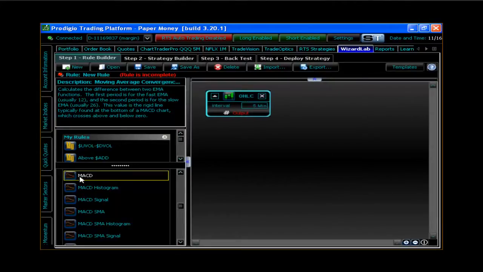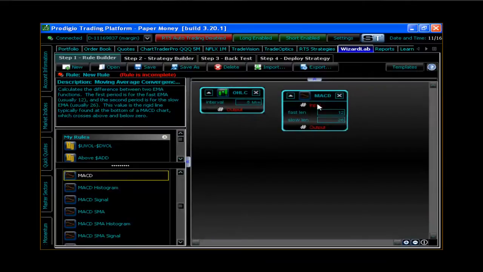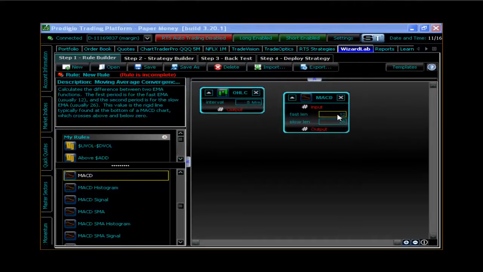So we're going to start with MACD, just so we kind of align with the chart a little bit. With the MACD, we're going to look at a fast length of 8 and a slow length of 60. Now, the MACD line only needs these two parameters, so it doesn't need that 9 period.